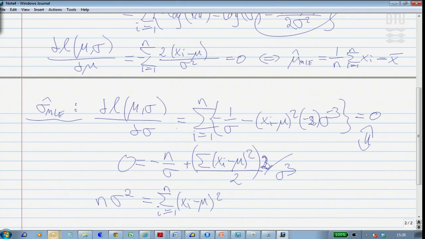Then mu I estimate by the average, as I saw from my previous computation up here.